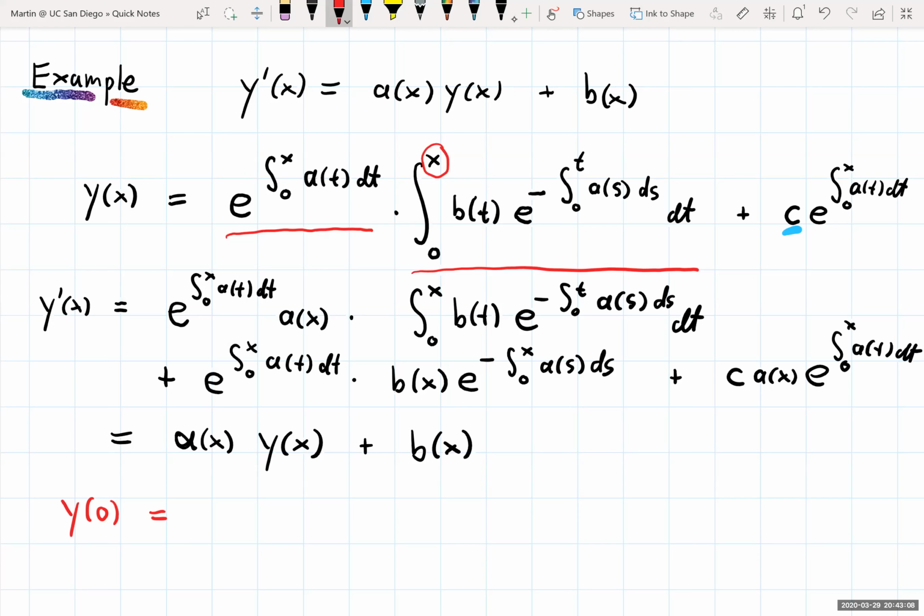But this is just c times e to the 0. So again, if we want, let's say that y naught is equal to some specific value, then we just set c to that specific value, and we get a particular solution from this general solution.